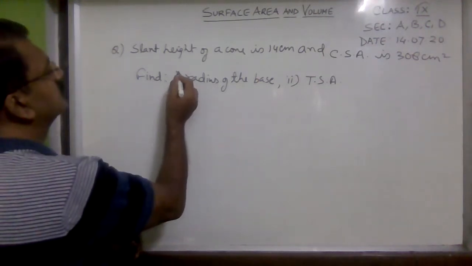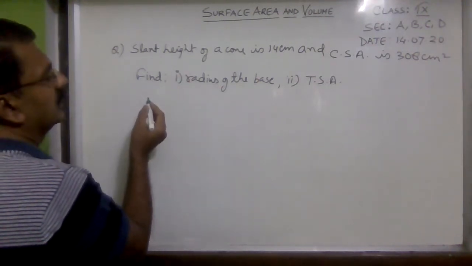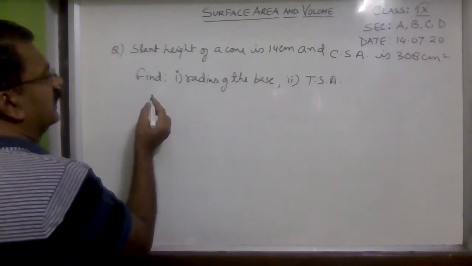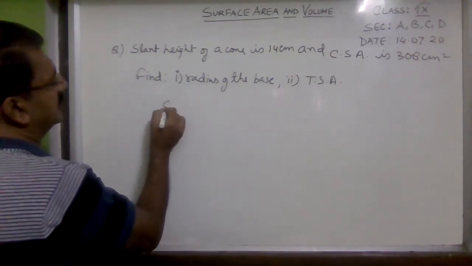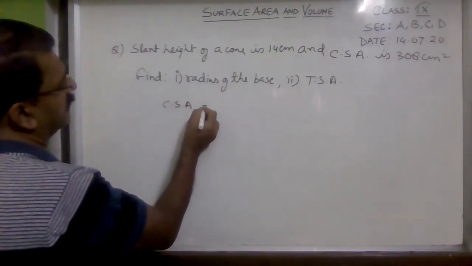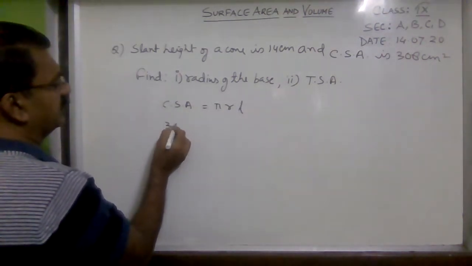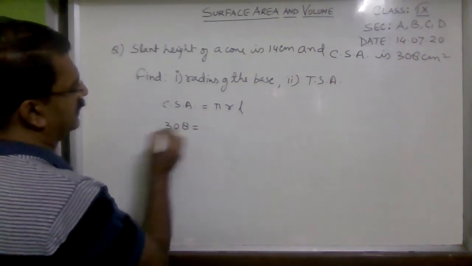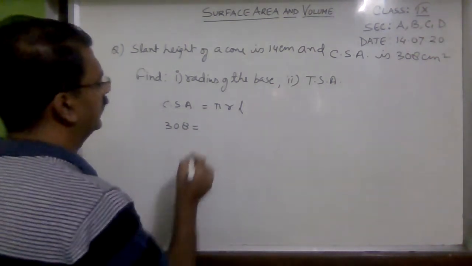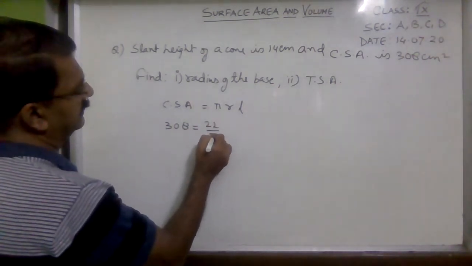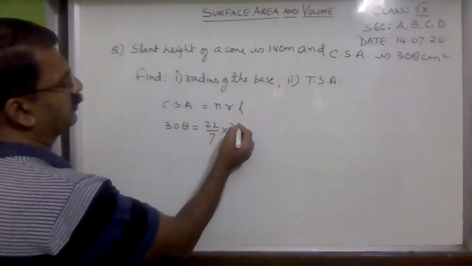Now what we do, you know that the curved surface area, the formula for curved surface area is pi R L. So the curved surface area they have given 308. So in place of curved surface area you write down 308. Pi is 22 by 7. R we have to find.